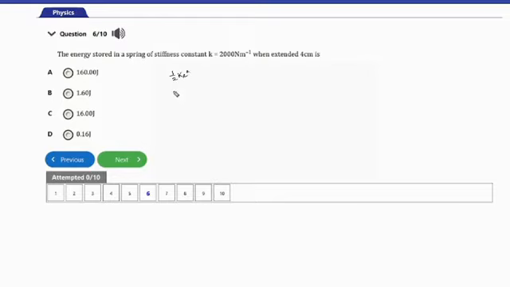So in this situation, we are going to have 2000 times 0.04 squared. So this is cm, converting it to meters, that's 0.04 squared, and then this over 2. So when we do that, we're going to have 1.6 joules, and that's option B here. So let's go ahead and consider the next question, guys.